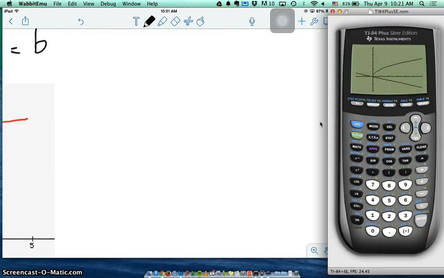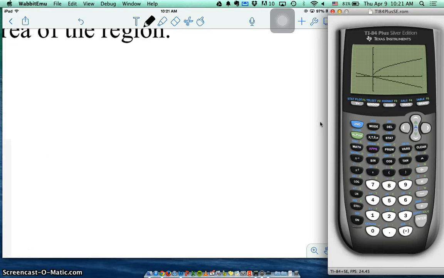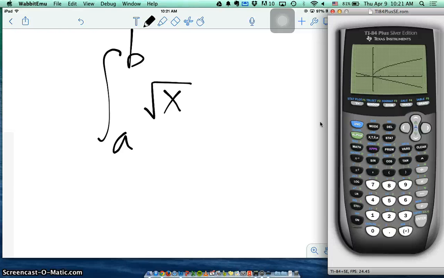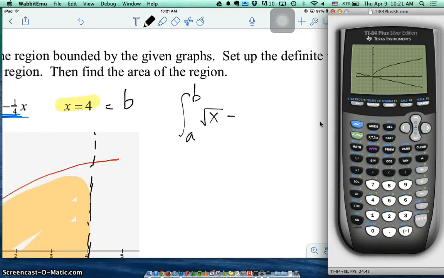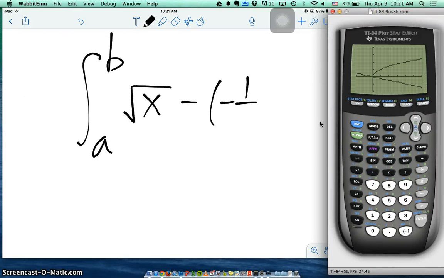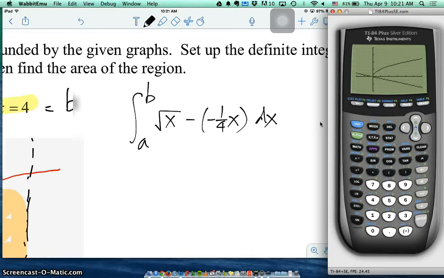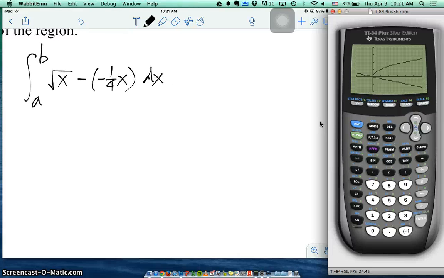So let's write down this integration really quick. a and b. It will be the square root of x minus negative 1/4 x, everything dx. Okay, so this is what we have right here.